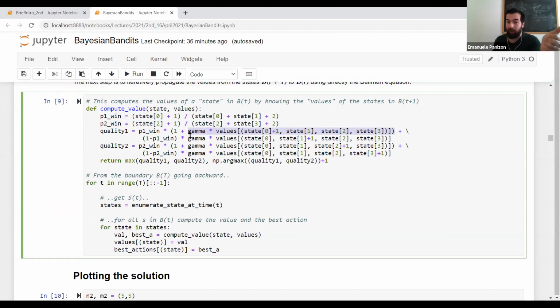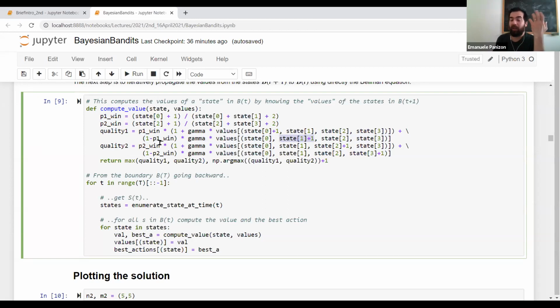Since I was arm 1 and I won, what is the new state of belief I'm going to? It's n1 plus 1 and n2, m1 and m2, plus this. What is this? It's the probability of failing. I don't have 1 because I failed, so I do not have a direct reward, and I have gamma multiplied by the value of the state of belief, which is the same as before, n1 and n2, but now my pseudo counting of failing is plus 1.